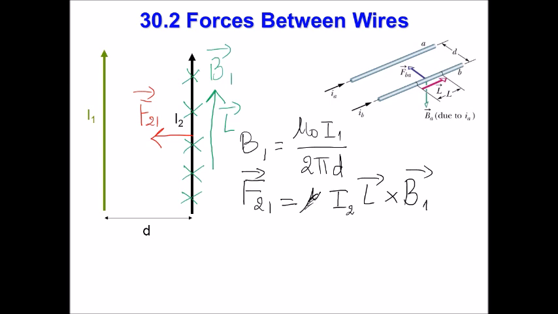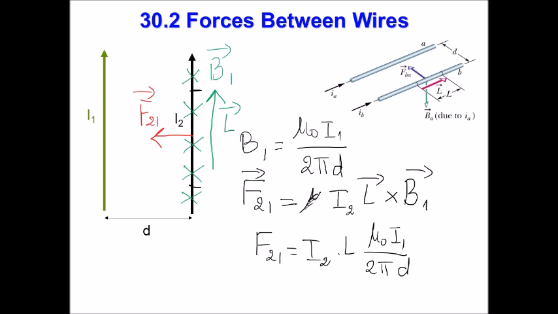Now what is the magnitude of this attractive force? Well, F21 is current 2, L. So what is L, by the way? That's just any length from this current 2. You take any piece from this wire 2, this piece will feel a force due to wire 1, times B1, it's mu 0 I1 over 2 pi d sine phi.